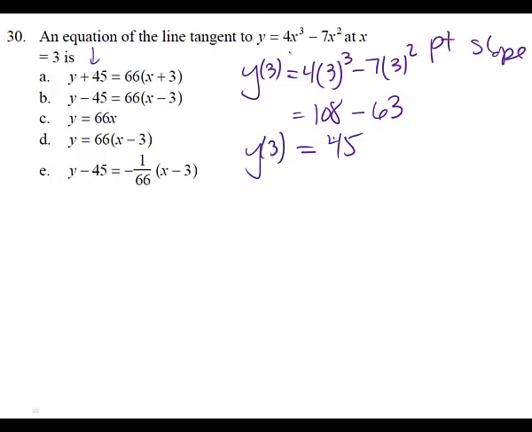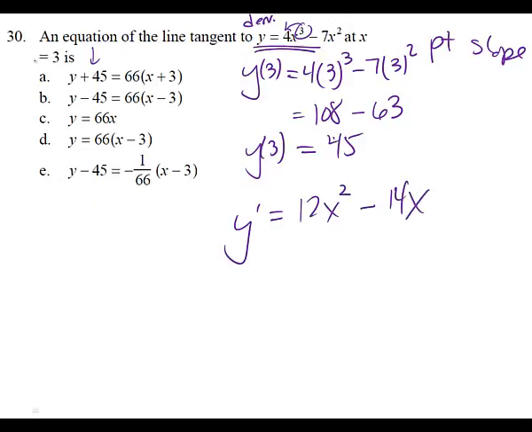To get the slope, what do we have to do to this? What is the slope in calculus? The derivative. So we've got to take the derivative of that, right? So what do I do with the 3? Front. So 4 times 3 is 12x squared minus what? 14x.